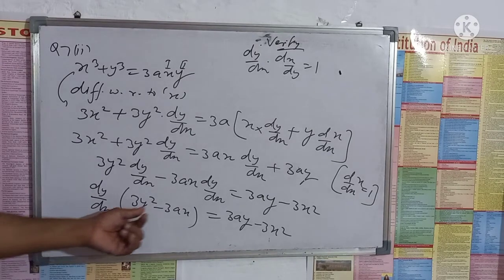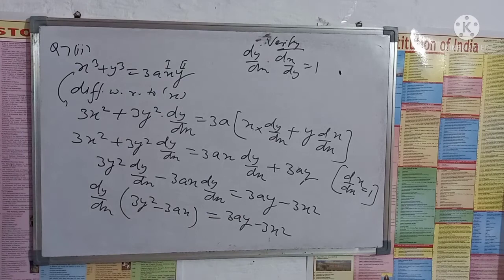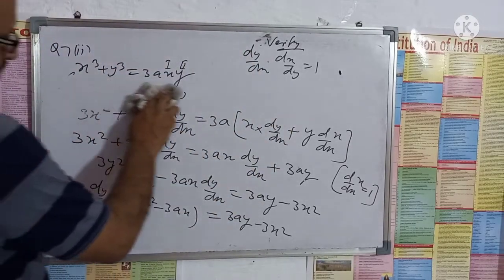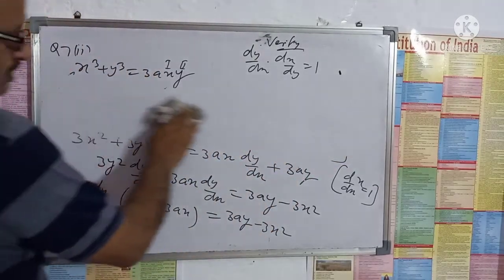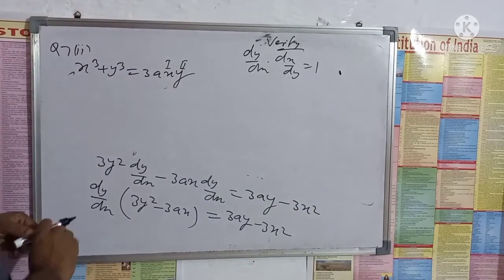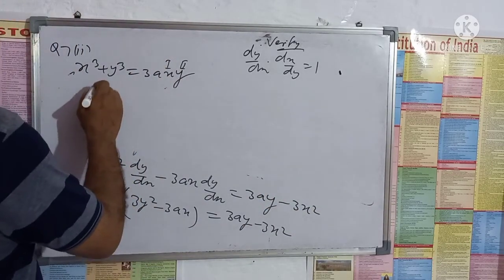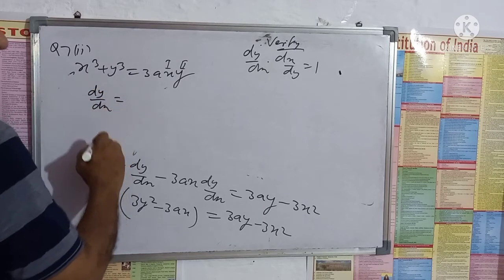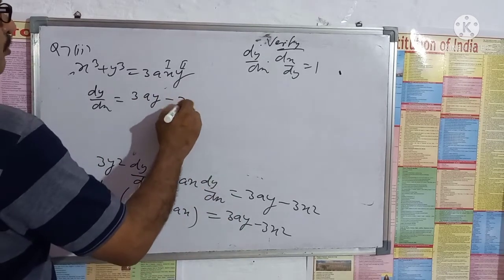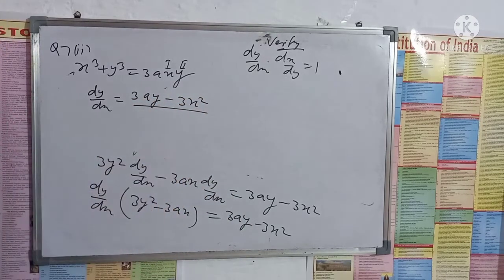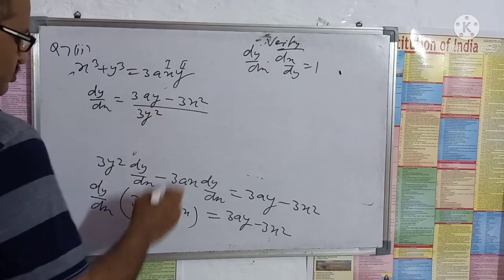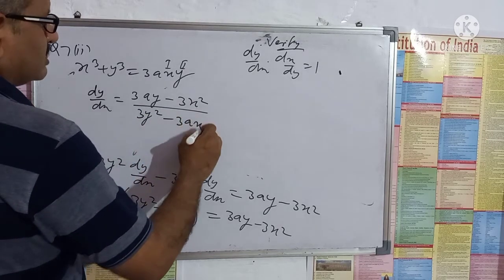Now find dy by dx. So we will divide. dy by dx is equal to 3ay minus 3x square divided by 3y square minus 3ax.